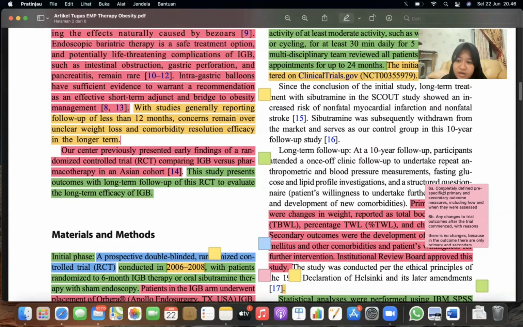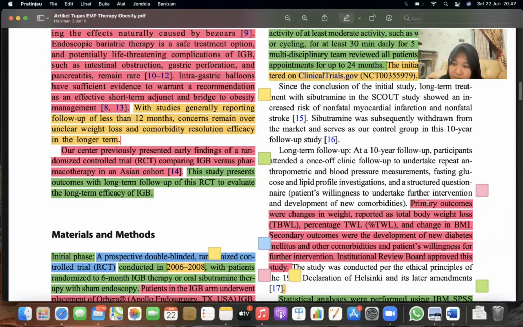Okay, next number 6A, completely defined pre-specified primary and secondary outcome measures, including how and when they were assessed.